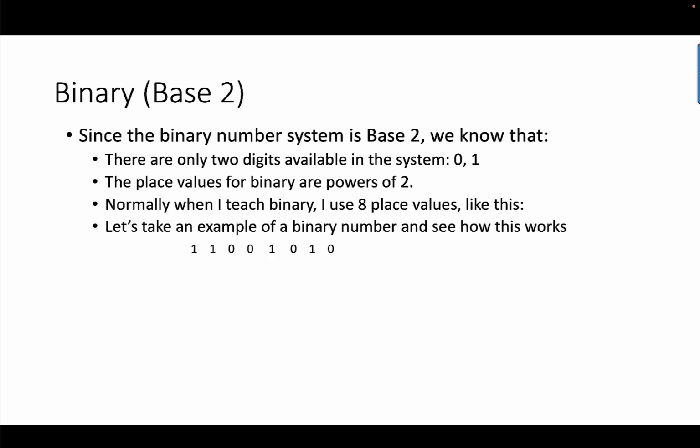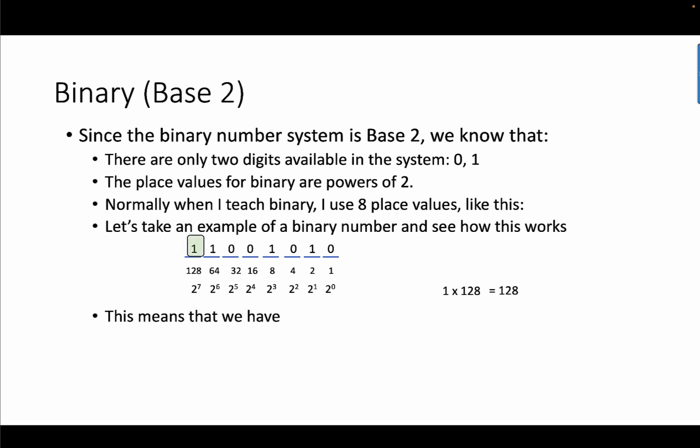Let's take an example of a binary number and see how it works to convert this to decimal. Here's a number, 11001010. Let's write the place values beneath it and use that to figure out what decimal number we have. Starting at the highest place value of 128, we have 1 in the 128s place, so that digit represents 128.